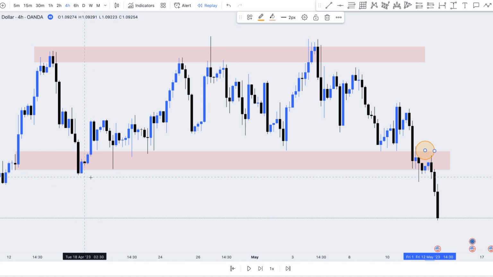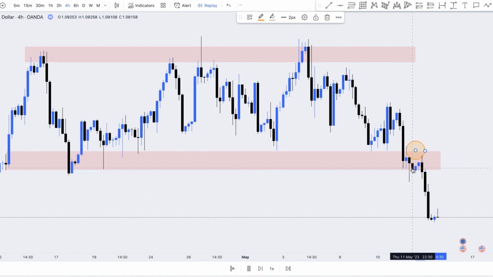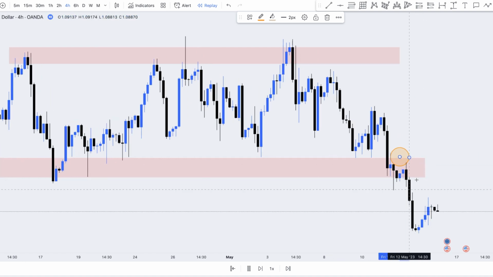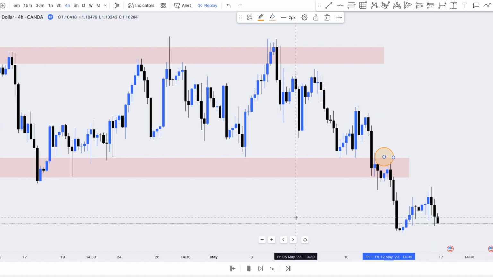That is why I said don't draw it as a line, but draw it as a level. When you draw it as a line, you might not get the multiple rejections you want. So always treat support and resistance as a level and not a line. Price broke out, came back for a retest on that same support level, and we had the drop to the downside.